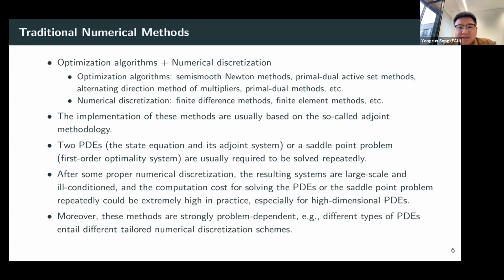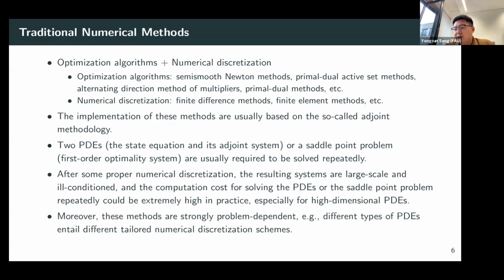But this finite element method does not apply to the interface problem, because it cannot enforce the jumps and other interface conditions. So we need to develop some other numerical discretization schemes for the interface problem, like the immersed finite element methods.